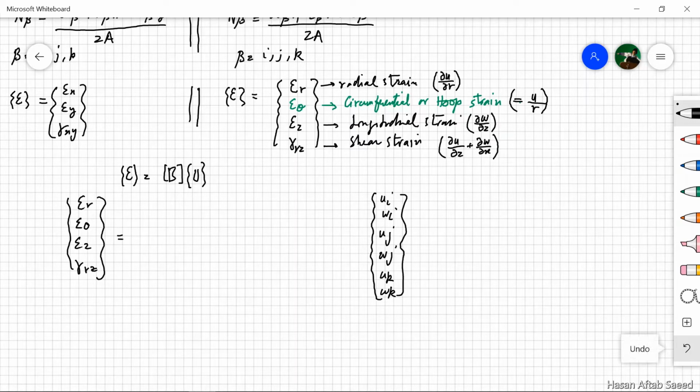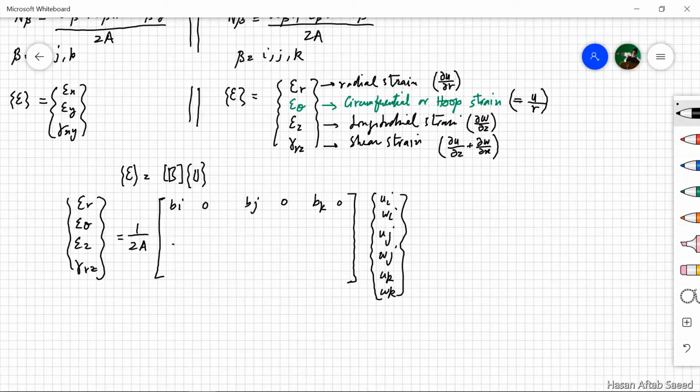Now recall that epsilon r, epsilon z, and gamma rz are exactly the same as before, with minor changes in the coordinate directions. So we can use the knowledge we already have, and so they will be nothing but bi, 0, bj, 0, bk, 0, the very familiar expression for you, and we leave the space open for epsilon theta.